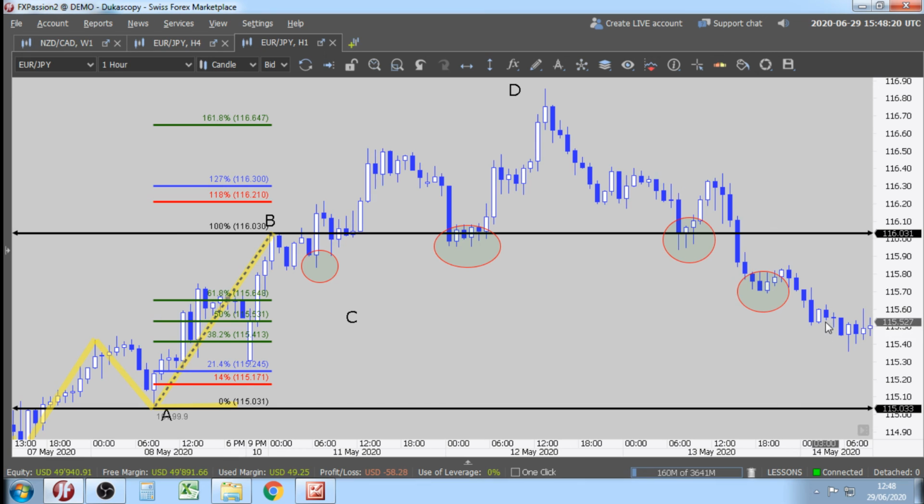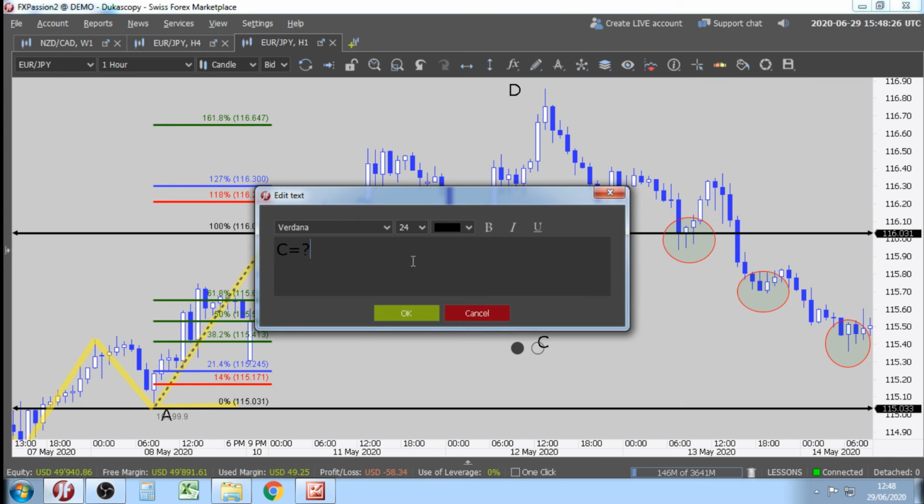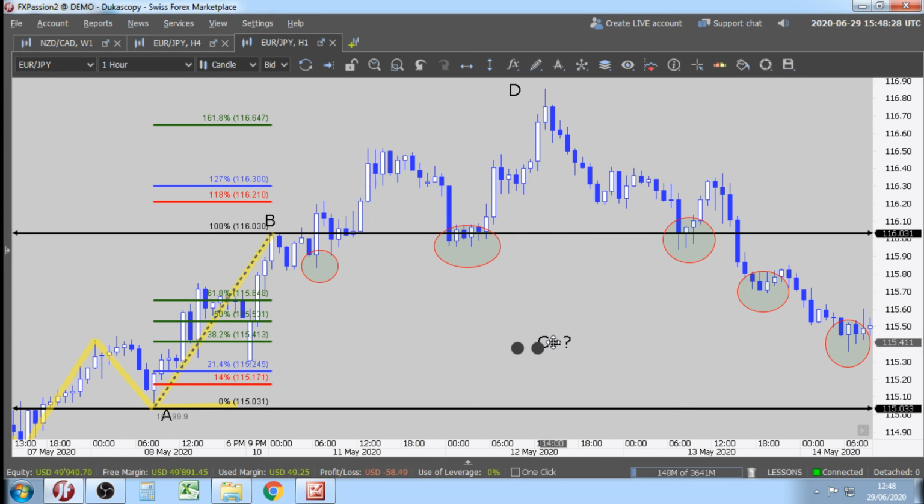Or is the fifth circle the C? Which one is the C? Everybody? Which one is the C? Is the first circle, the second circle, the third, the fourth, or the fifth?